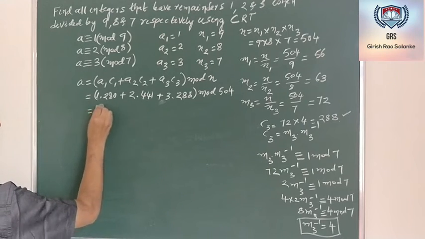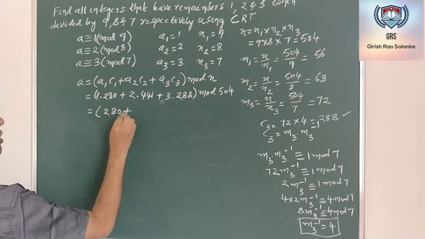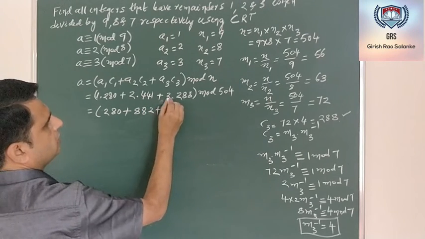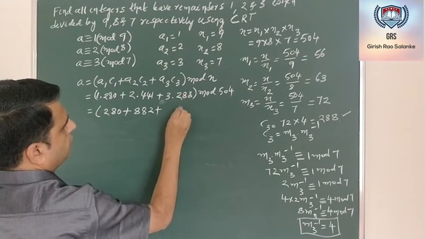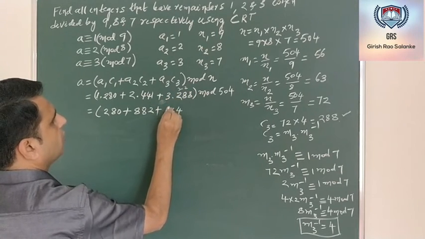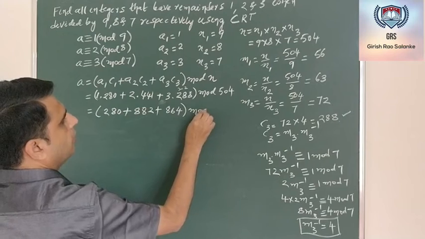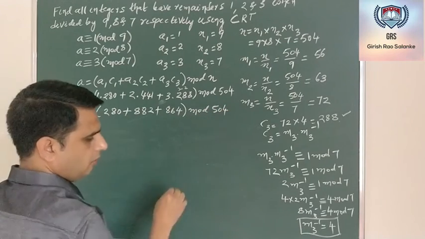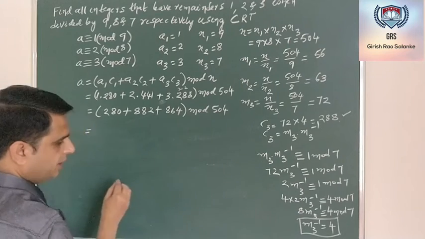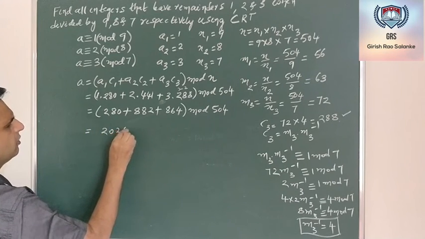This is how much? 280 plus 882 plus 3 into 288. Now if you add all these three, you are going to get it as 2026 mod 504.